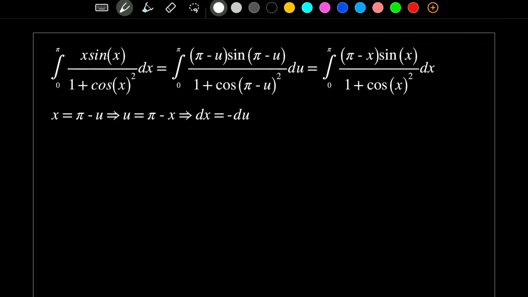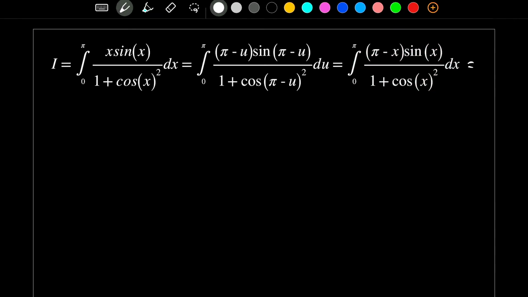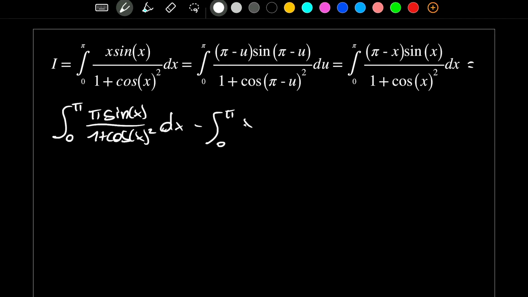Now you might be able to see some massive similarities between these integrals. Let's call this I. What can we do with this? We can split this up into two integrals. That's going to be equal to the integral from 0 to pi of pi times sine x divided by 1 plus cosine x squared dx, minus the integral from 0 to pi of x times sine x over 1 plus cosine x squared dx.